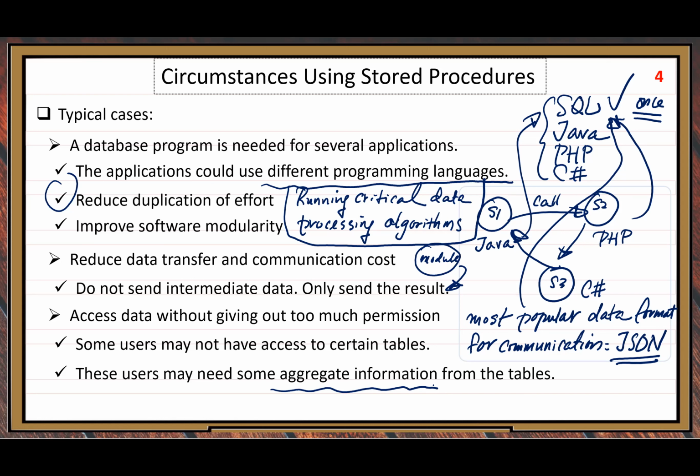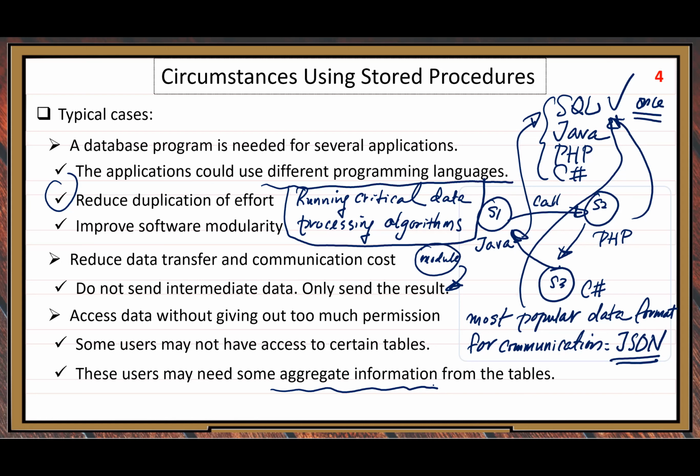The aggregate information: how many items for some purpose, what is the total, the sum, the average, the maximum, the minimum. You do not expose the sensitive information in the table. You just expose the aggregate information from the protected tables.